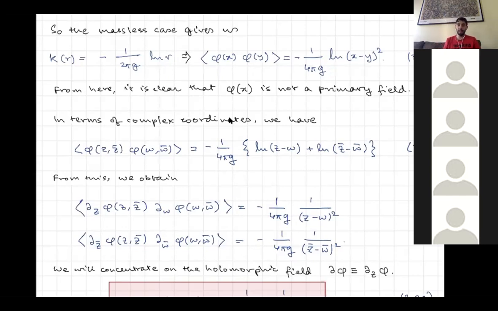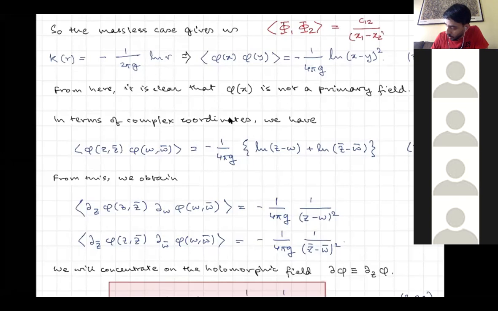Now remember from our earlier analysis, what we had found is that if we have two fields, phi 1 and phi 2, these will be some C12 divided by (x1 minus x2) to the power of twice delta.